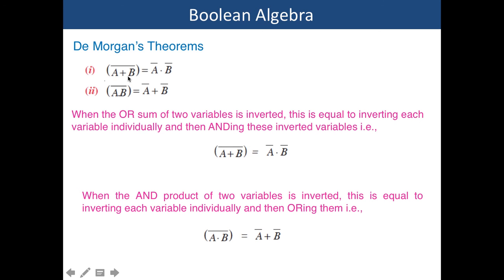This shows the two forms. The first one is (a plus b) whole bar is equal to a bar dot b bar, and the second is (a dot b) whole bar is equal to a bar plus b bar.